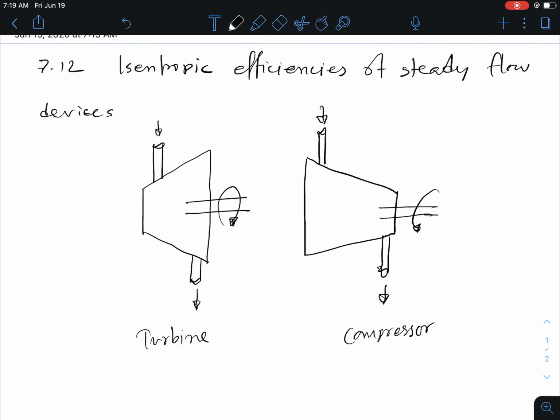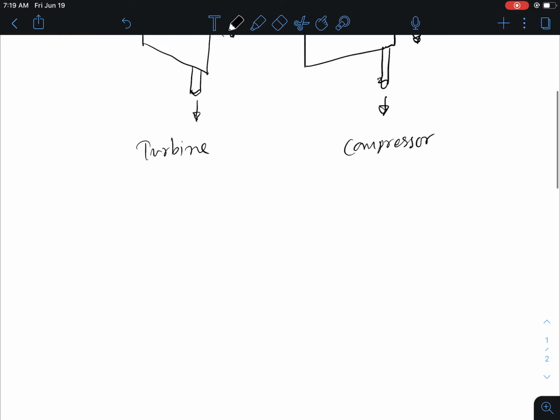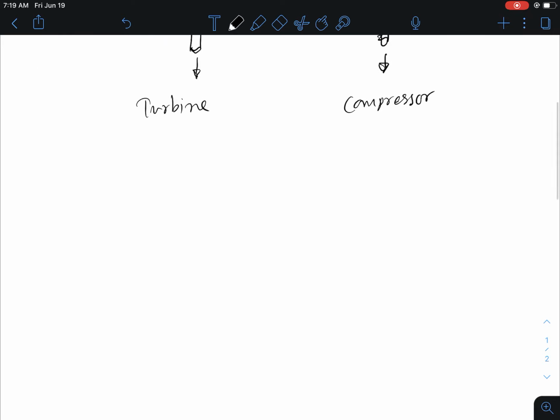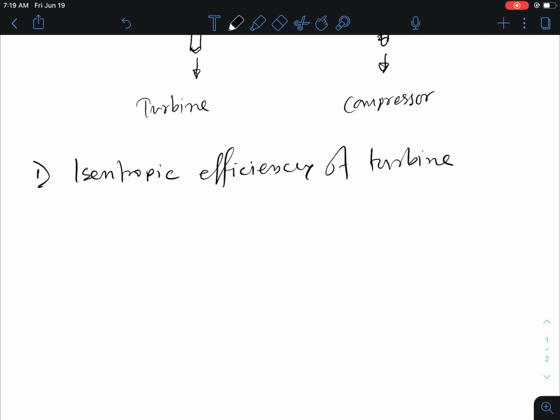So what are the isentropic efficiencies for this type of steady flow devices? The first case is the isentropic efficiency of a turbine.